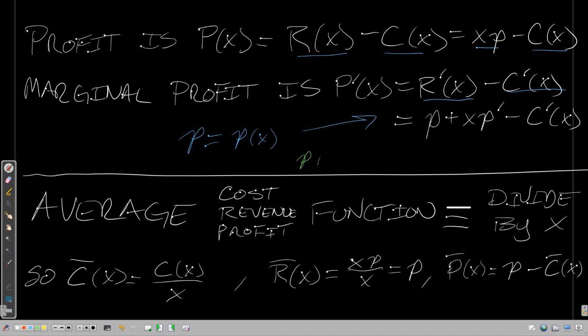Else, if your price is fixed, then you would just have the marginal profit as the price minus the marginal cost.